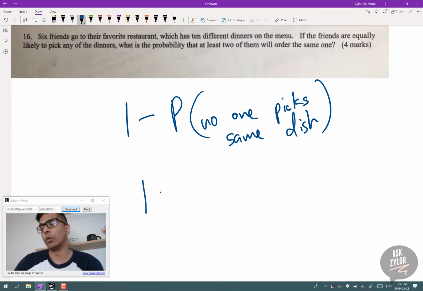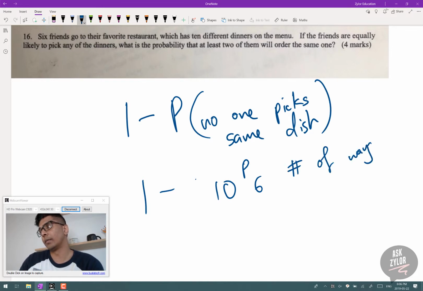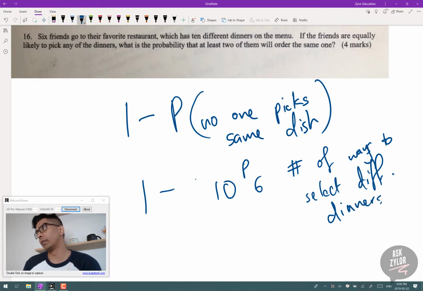Okay, so how do we find this out? We get 10 choose 6, right? So this is going to give me the number of ways that one can select the number of different dinners.